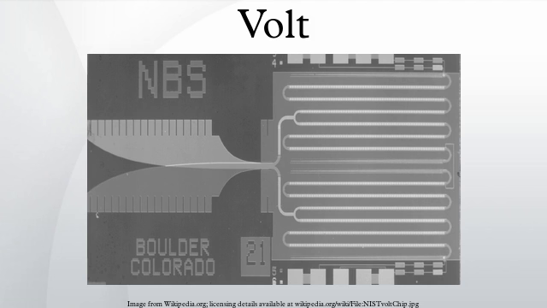Household mains electricity, 230 VRMS in Europe, Asia and Africa, 120 VRMS in North America, 100 VRMS in Japan; trucks and lorries, 24 VDC, 12 VDC; rapid transit third rail, 600 to 750 V; high-speed train overhead power lines, 25 kV RMS at 50 Hz, but see the list of current systems for electric rail traction and 25 kV at 60 Hz for exceptions.